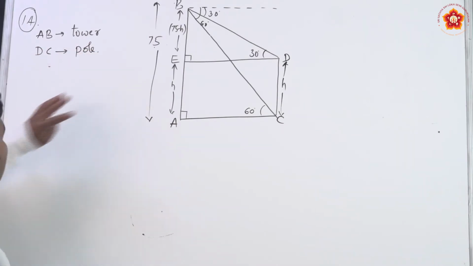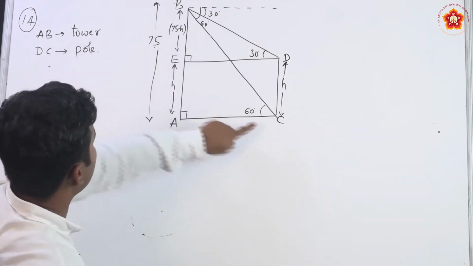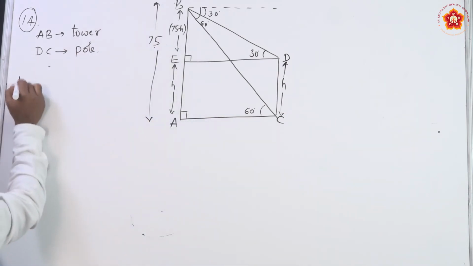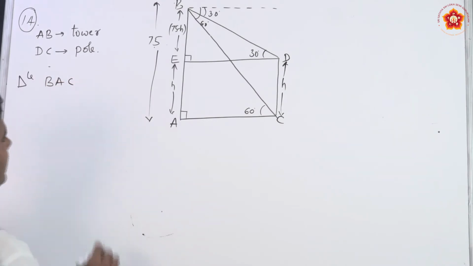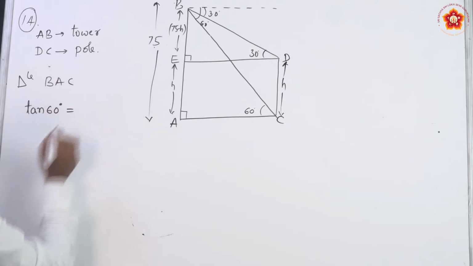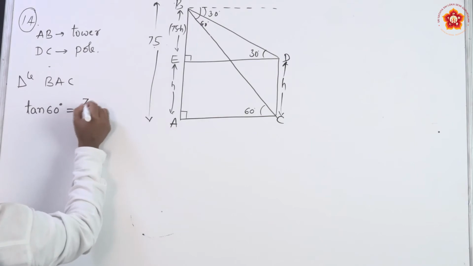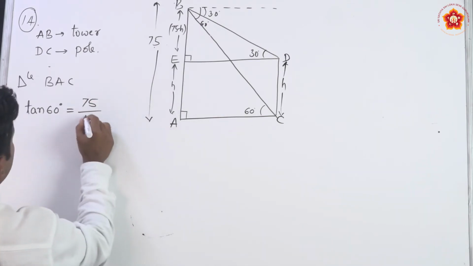So, now I am going to define tan 60 degree from the triangle BAC. So, tan 60 degree is, see, BAC. So, opposite side is 75 and adjacent side is AC.